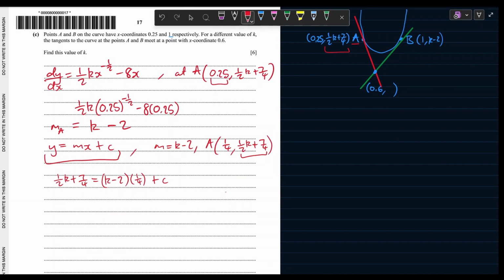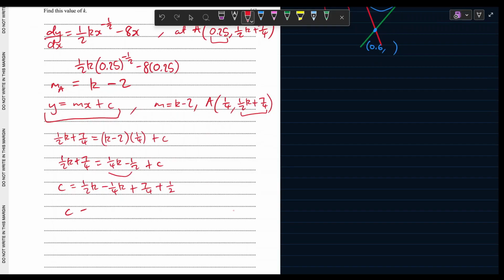Okay. So what we have is half k plus 7/4 is equal to, expand that, a quarter k minus a half. 2 times a quarter is a half, plus c. So c is equal to half k minus a quarter k plus 7/4, then when this moves there, it becomes positive 1/2. Alright, so let's simplify. C is going to be half k minus a quarter k, that's a quarter k. 7/4 plus half, what is that?